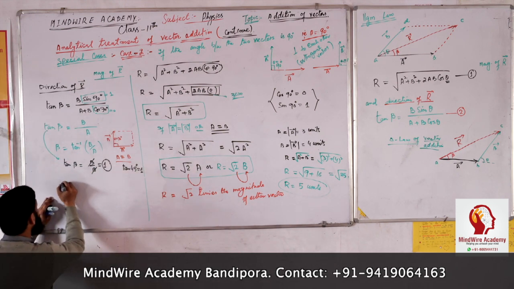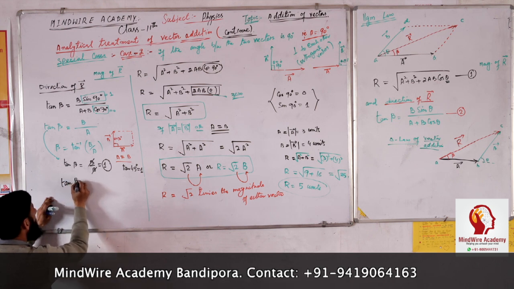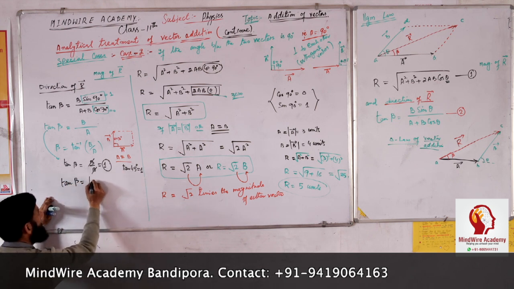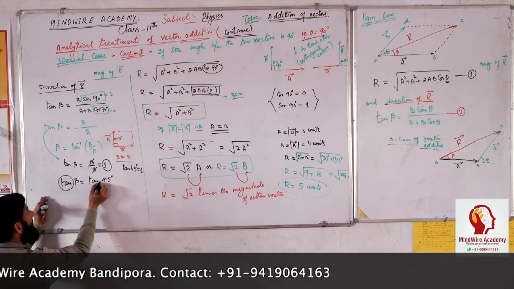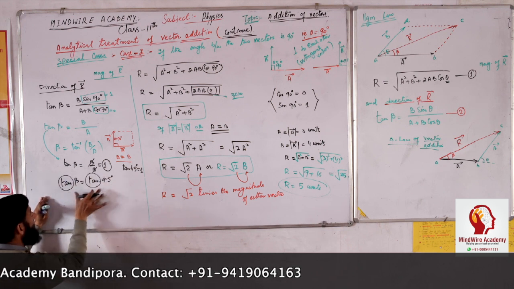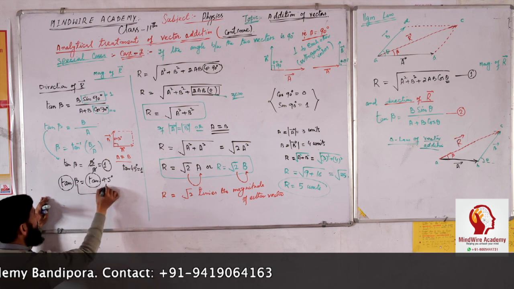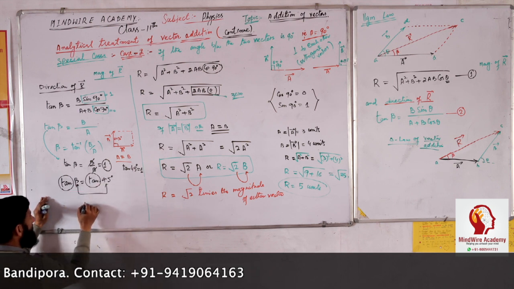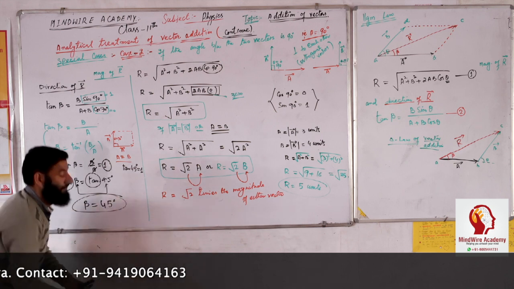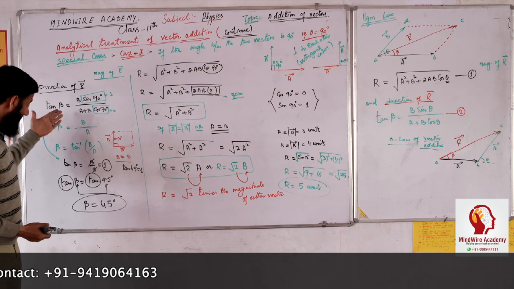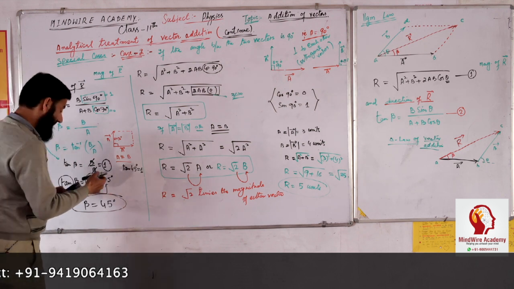So that's why I will write tan beta equals 1, and instead of 1, I will write tan 45. When the trigonometrical functions tan are the same on both sides of an equation, this is only possible if their angles are also the same. So beta equals 45 degree. In this way we can easily calculate the direction beta.